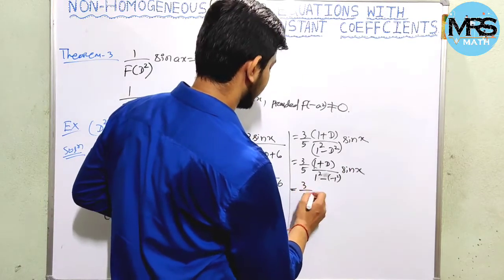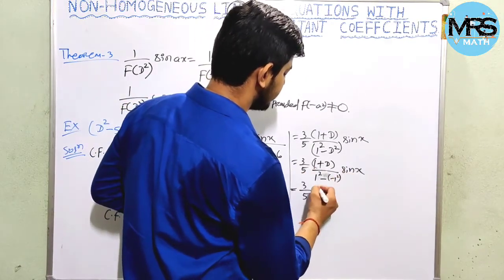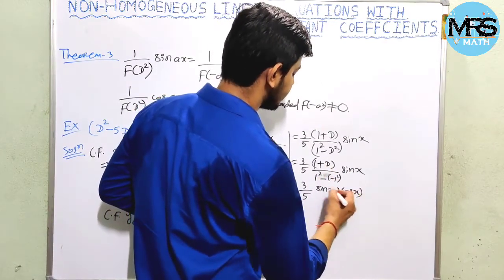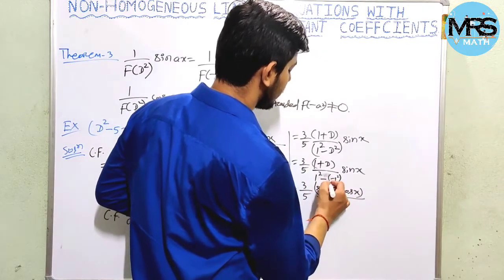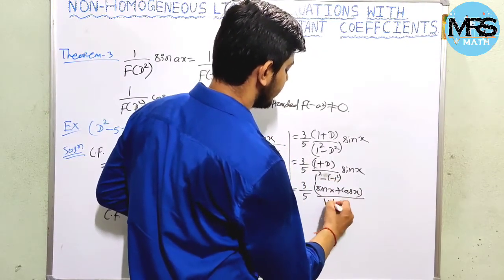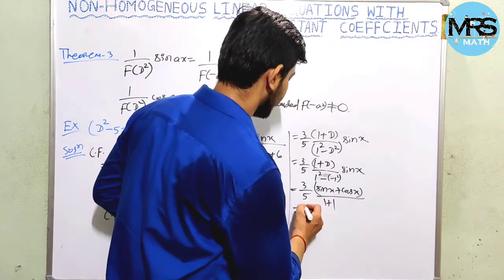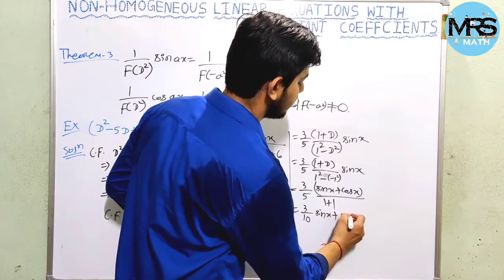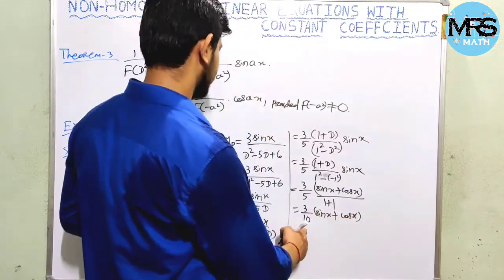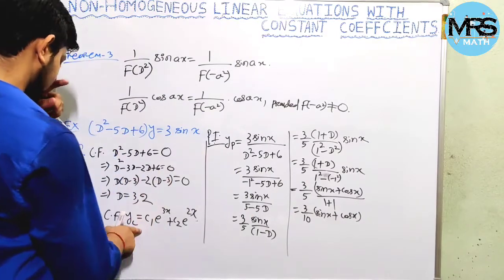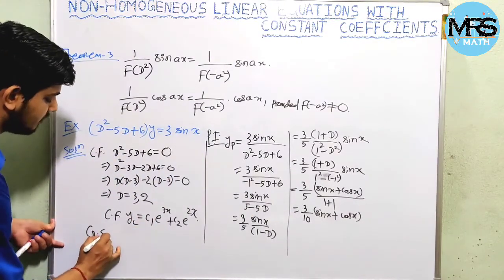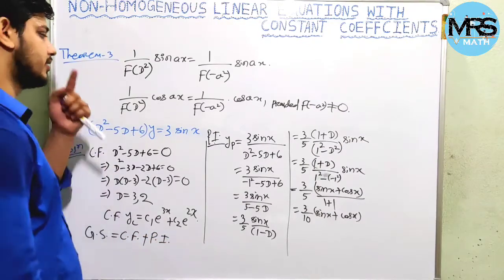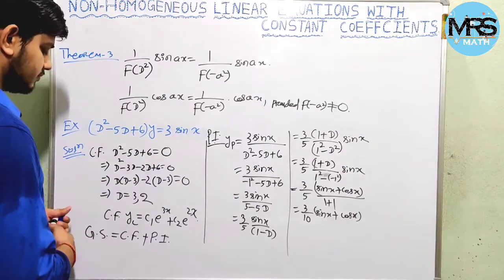So we get 3 by 5, 1 into sin x is sin x, plus the first derivative of sin x, which is cos x, over 1 plus, minus minus becomes plus, that is 2. So we get 3 by 10 into sin x plus cos x, correct? This is our particular integral and this is our complementary function. So the general solution is equal to complementary function plus particular integral, okay? So this is our solution.